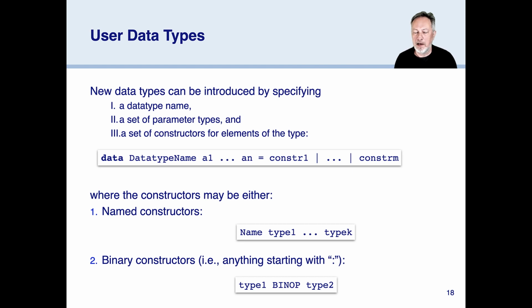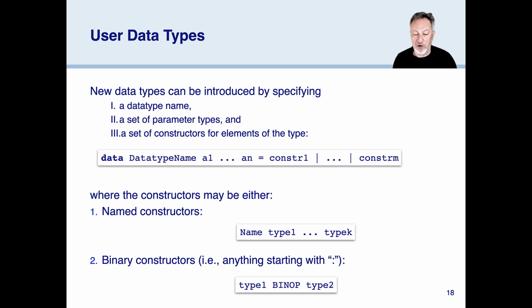Finally, on the right-hand side, we have a set of constructors for elements of the type. So these are the things that we can create. Each of these constructors looks like a function. It's either a named constructor, where we have a name followed by a list of arguments, possibly empty, or it's a binary operator. And a binary operator is any sequence of funny characters as long as the first one is a colon. In fact, we've seen one already, and we'll see it shortly again.